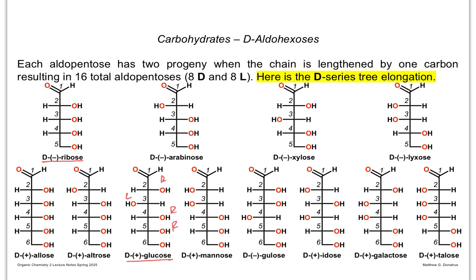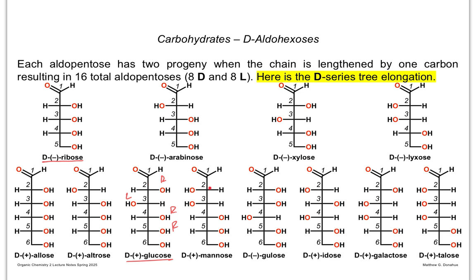So getting back to that epimer question, when we look at mannose, remember the enantiomer of this is the L, so we're not showing that.